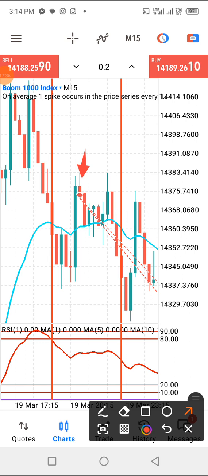Some people sometimes put their stop loss above the swing high or the swing low. You can see this is the swing high. So you can use the swing high or the swing low, but in case you don't have enough capital, that is why I said you should put it at the top or the bottom of the candle that led to the break, that led to the closing in the moving average.